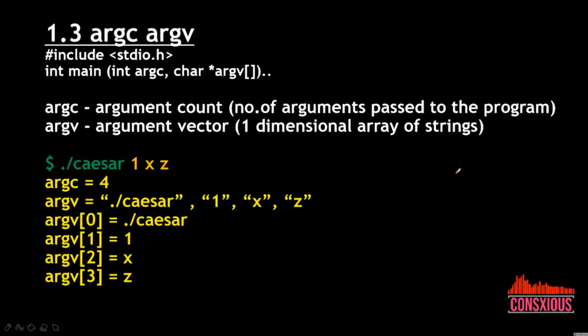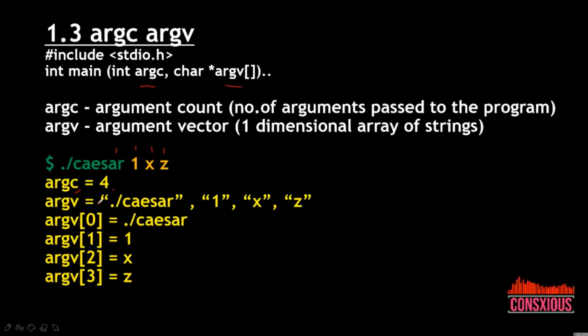Before we go through more of the pseudocode, we also have to understand the command line. We saw that there are these two terms here, so we explain what they are. Argument count is the number of arguments passed to the program. And argument vector is an array of strings. For example, you can see this is a command line here. The argument count is actually four, so it's 1, 2, 3, 4.